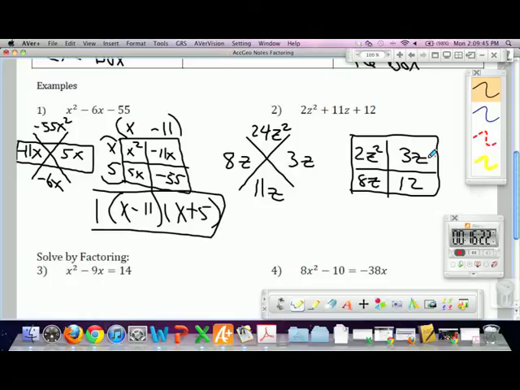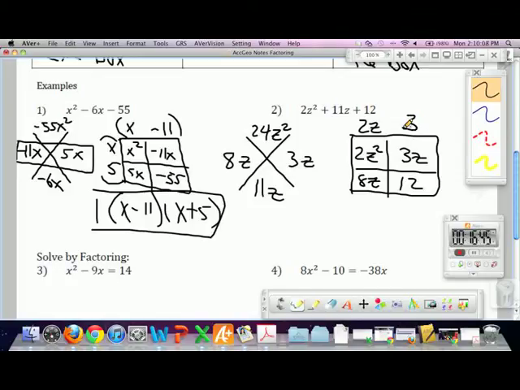Now let's find some GCFs. So what's in common amongst 2z squared and 8z? 2z. How about 3z and 12? About 2z squared and 3z. What's the largest thing in common? Just 1z.